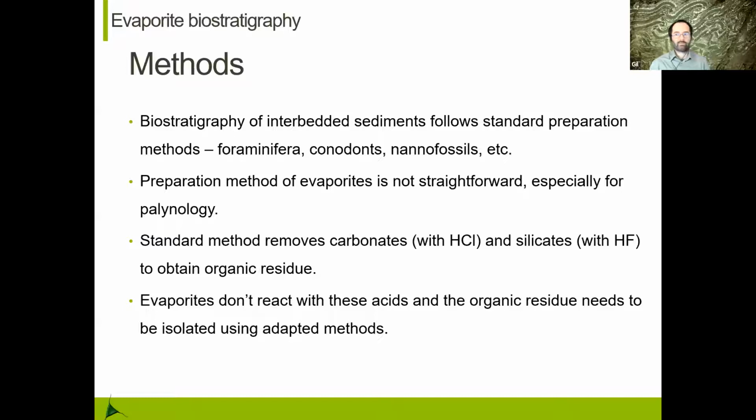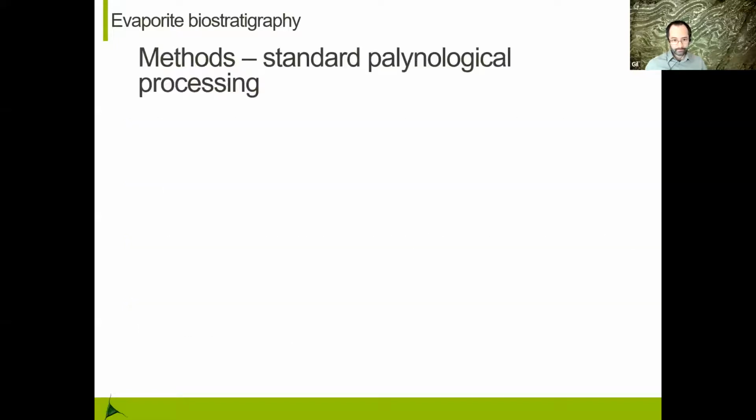Most evaporites are composed of different minerals, and the usual techniques used for Palynology, and I'm guessing also for other fossil groups, tend not to work with evaporites. So that may have deterred people in the past, and they may have just labeled samples as barren, when actually they were just not using the correct method.